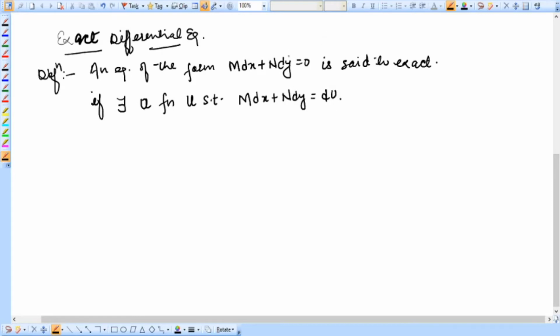Then we will say this equation is an exact differential equation, right?